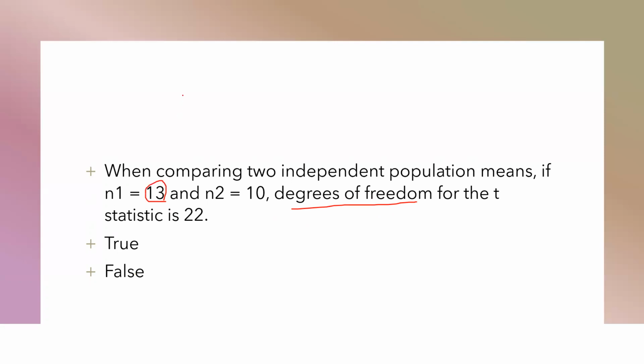So sample size number 1 minus 1 is 12. And then for sample size number 2, 10 minus 1 is 9, right? The summation of these two is 21. Therefore, this statement is false.